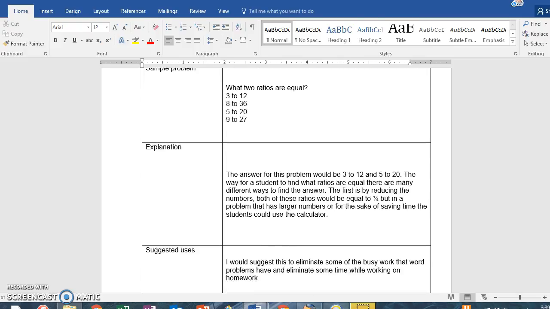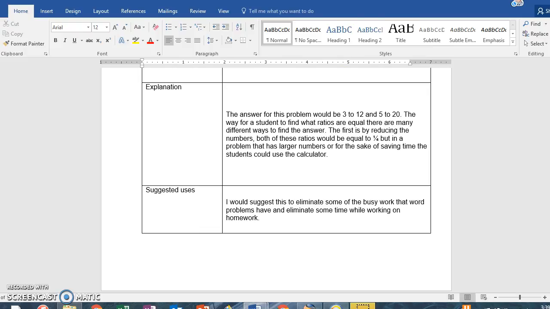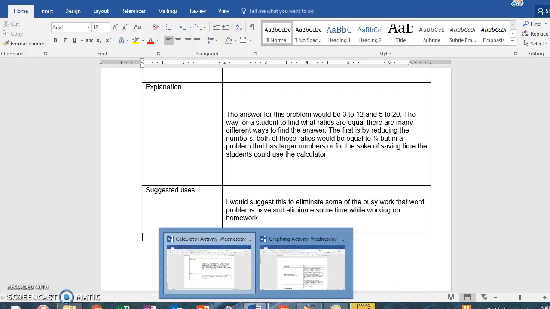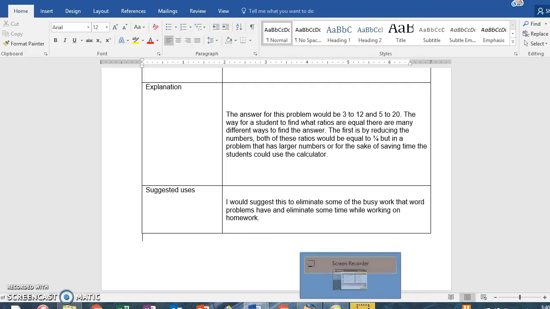It would also take away from the busy work. I would suggest this only to eliminate busy work, not to teach this initially. I would give this to the students as a way to eliminate some of the busy work when they're doing homework.